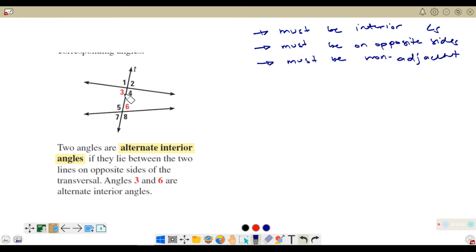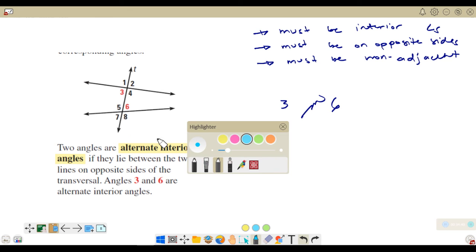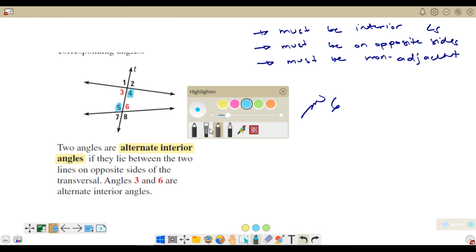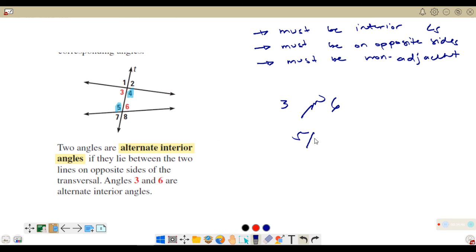Si 3 ay pwede mo na lang i-pair kay 4 at 6. Must be non-adjacent. Tanggal na si 4, si 6 na lang yung compatible sa kanya. And then, for the other, we have 5 and 4. Interior, laging magkaiba ng side. Magkatahilisan, diagonal sa isa't isa.